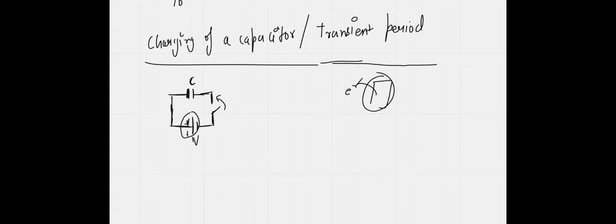The moment q electrons come out from here, this plate becomes positive. Okay, understood? From here electrons will go to the other plate. This plate will have fewer electrons, and that plate will have more electrons. That will make up a charge of q. Yes, sir.